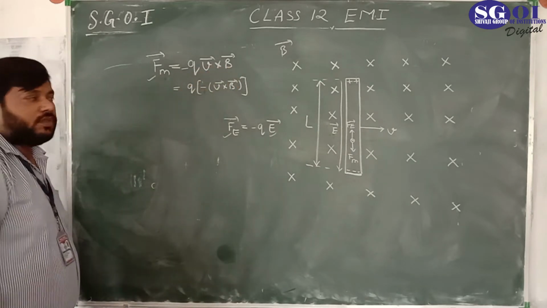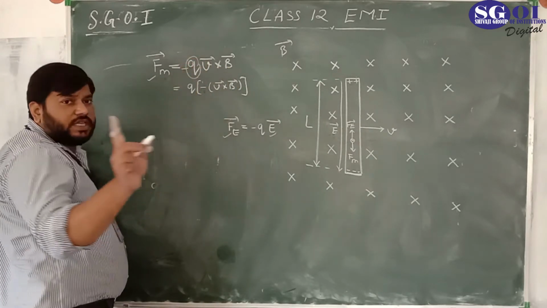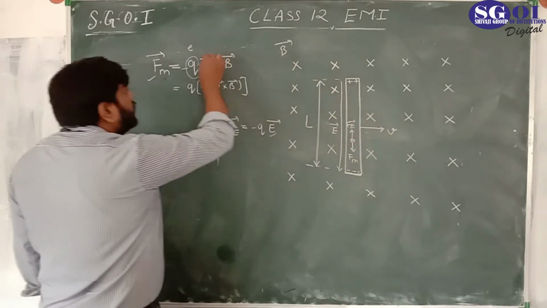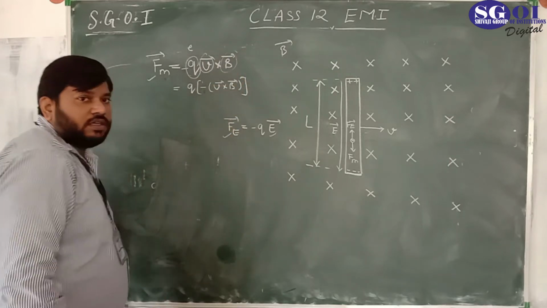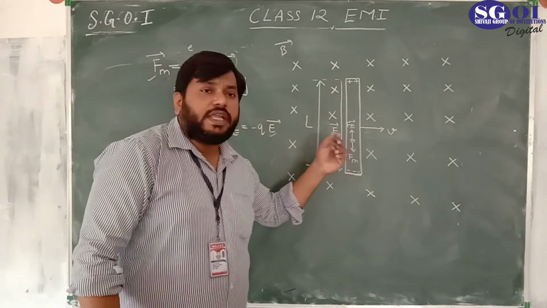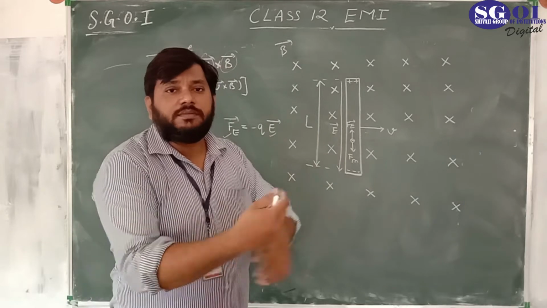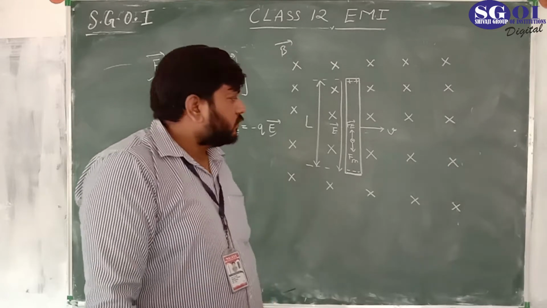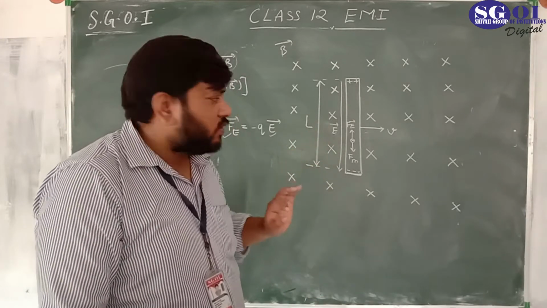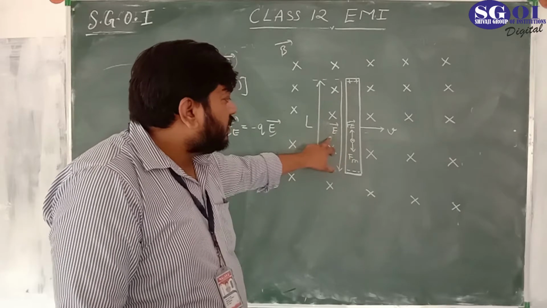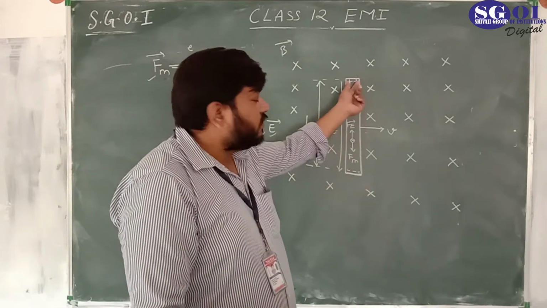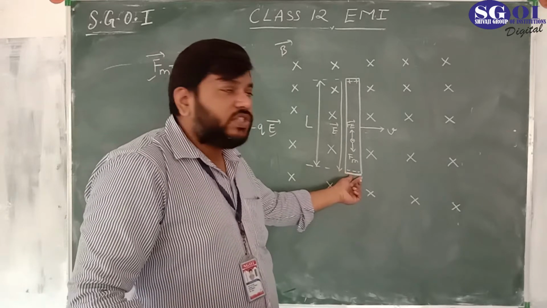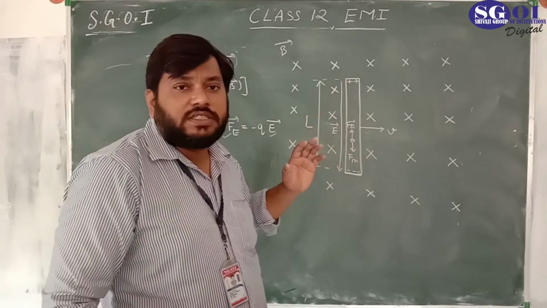And you can see here qvB. The charge q, if we talk about a single electron, is constant, velocity is uniform and constant, and the magnetic field is uniform and constant. Then the magnetic force, which acts initially, in the middle, and at the last, is also constant. But the electric field depends on the charge, which depends on the potential. As the accumulation increases, the potential difference increases, and the electric field increases.